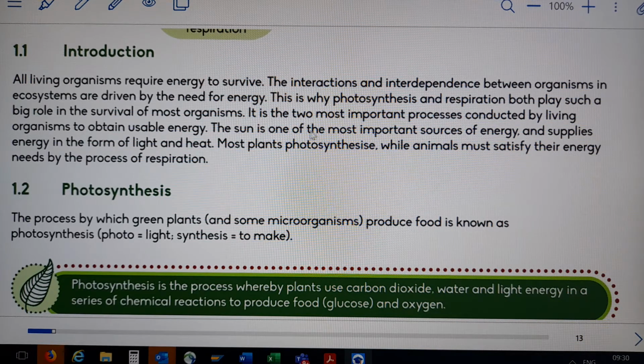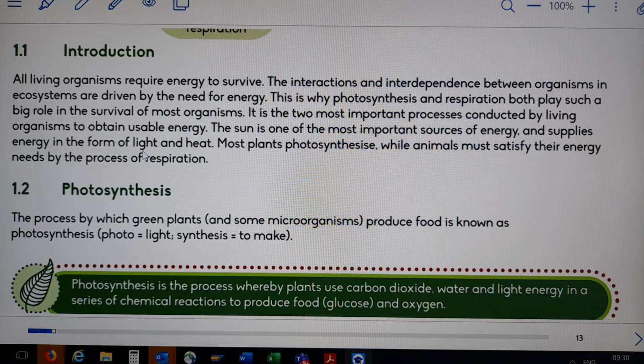The sun is one of the most important sources of energy and supplies energy in the form of light and heat. Please don't forget this. The sun supplies the energy in the form of light and heat. Most plants photosynthesize, while animals must satisfy their energy needs by the process of respiration.